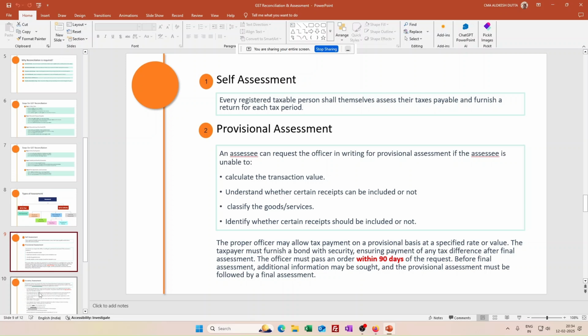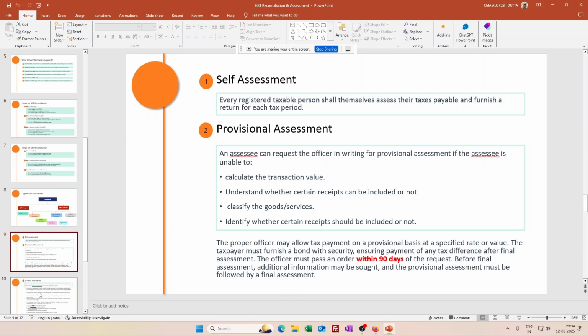If the transaction value is complicated, place of supply, time of supply, and the additional value addition, there may be complication. The assessee cannot do it alone. He can request for provisional assessment.